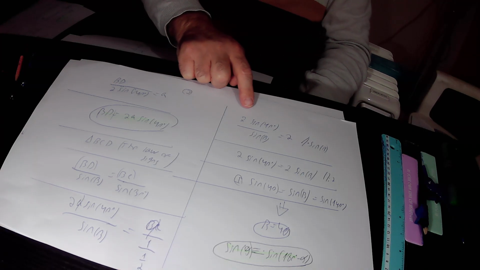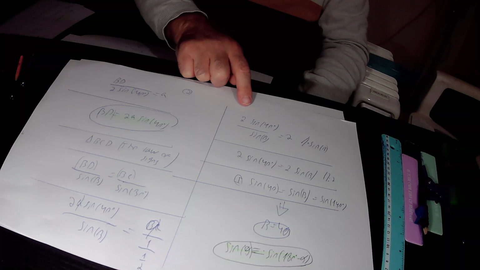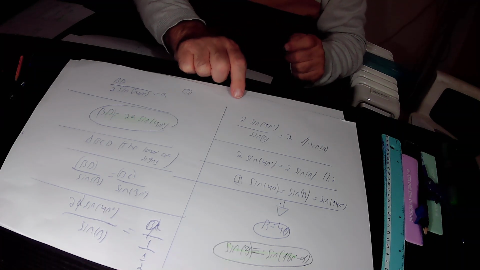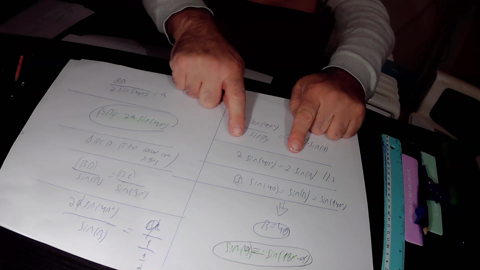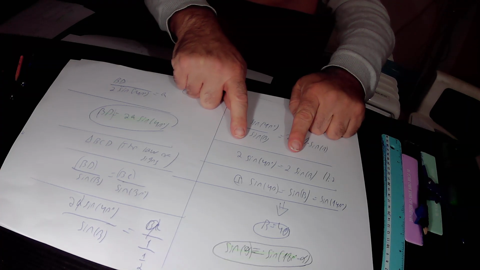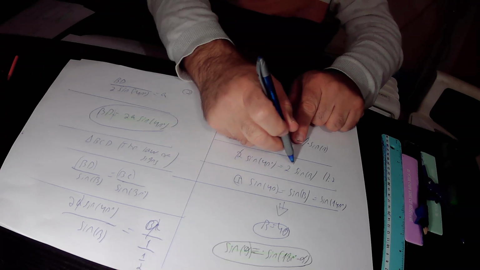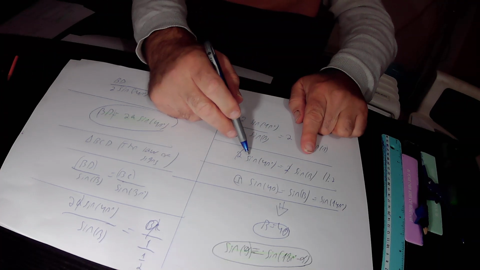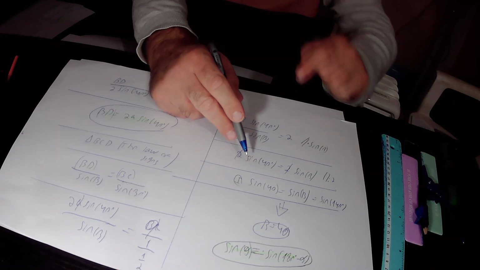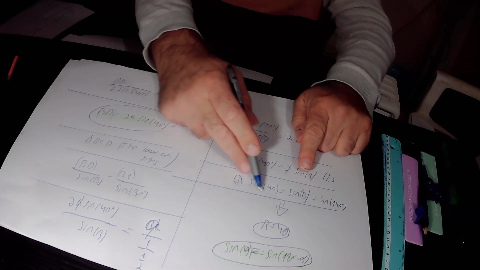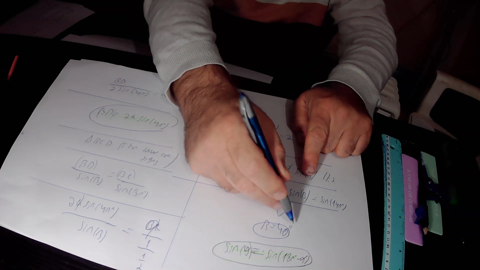Here we multiply this equation by sin beta and find that 2 times sin 40 degrees equals 2 times sin beta. Here we have 2 on both sides, so 2 gets cancelled. We find that sin 40 degrees equals sin beta. If sin 40 degrees equals sin beta, it means that beta equals 40 degrees.